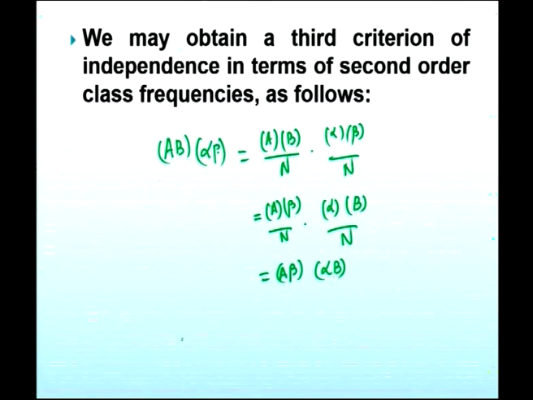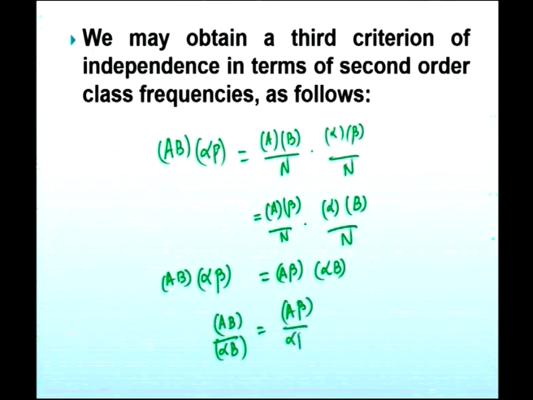Okay, so we have got AB into αβ is equal to Aβ into αB. Okay, taking the proportion, AB by αB is equal to Aβ by αβ. This is also one of the conditions for independence of attributes.